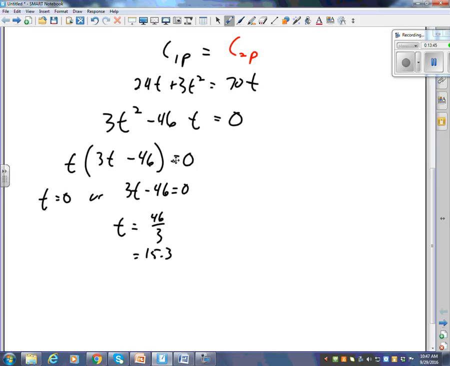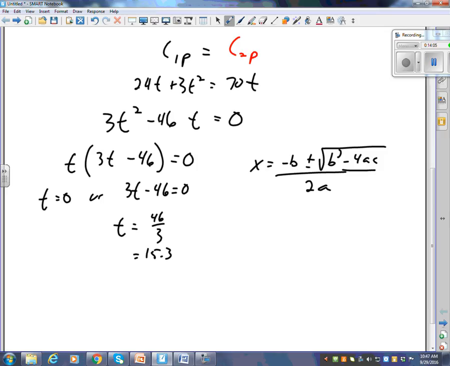Now, if you were to do it by quadratic, how would you do it? The quadratic formula is minus b plus or minus the square root of b squared minus 4ac, all over 2a, which might as well be Chinese if you don't understand.